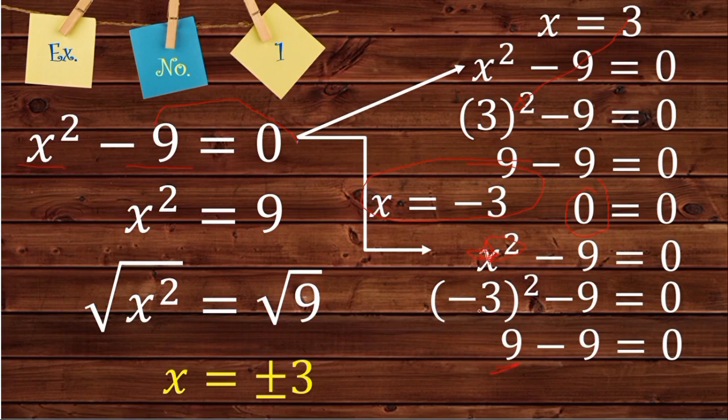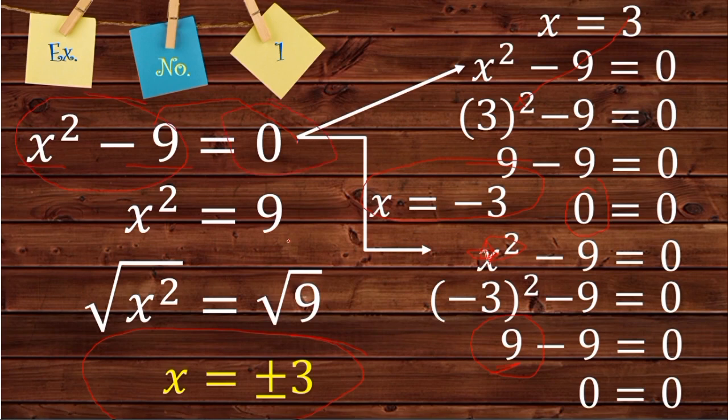Negative 3 multiplied by itself twice is positive 9. 9 minus 9 is also 0. That is why x equals positive and negative 3, because it makes the left side and the right side of the equation equal.